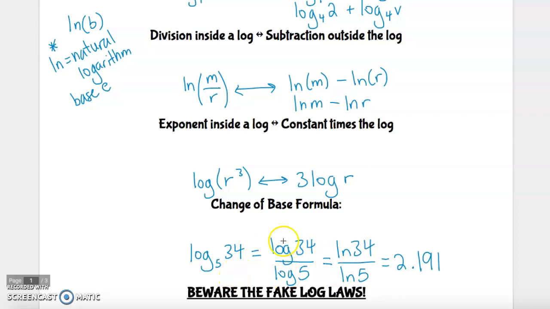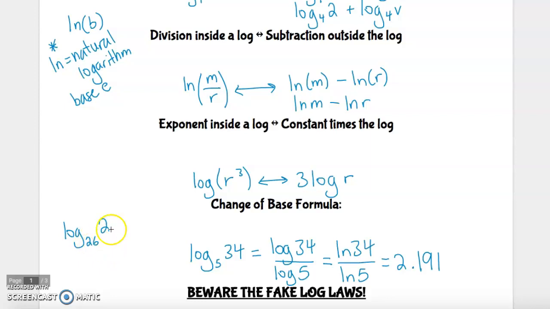And again, like I said, it will work with common log if you did it that way too. If you typed common log of 34 in parentheses divided by common log of 5, you get exactly the same number. And it will work for numbers where they're not necessarily larger and smaller. So let's say I wanted to calculate log base 26 of the number 2, for example.